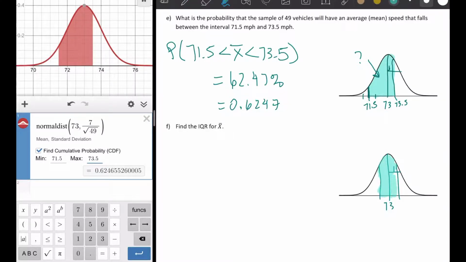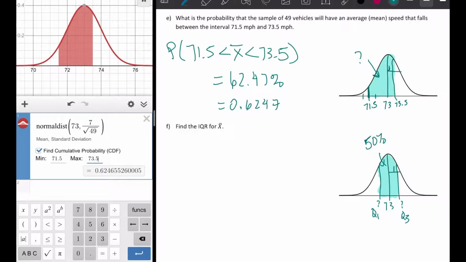And then I'm going to be looking for my IQR, which is the middle 50%, and those endpoints, which are Q3 and Q1. So Q3 minus Q1. I know that this is 50%. I need to know these numbers, and then I'll subtract them. So this is my Q3 and my Q1 I need to find.